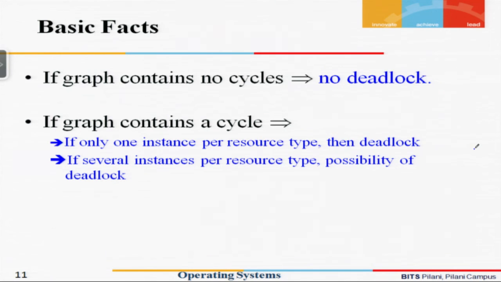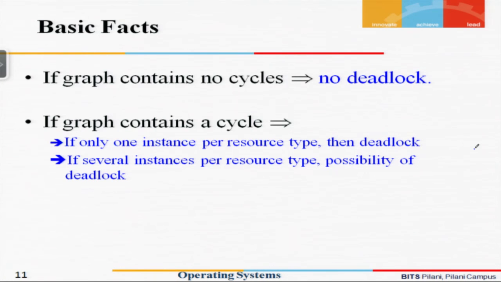But if the graph contains a cycle, then we cannot say with 100% certainty whether there is going to be a deadlock or not. It depends. So, there are 2 distinct cases which we can consider. If there is a single instance of each resource in the system, then a cycle would mean a deadlock.